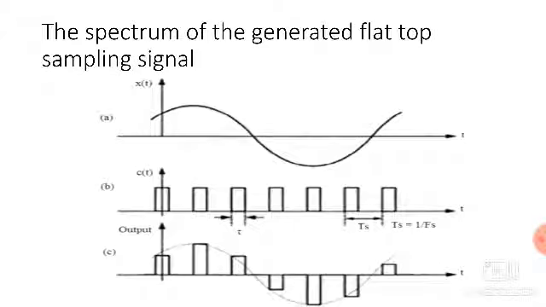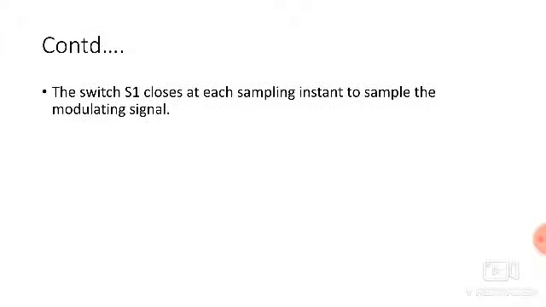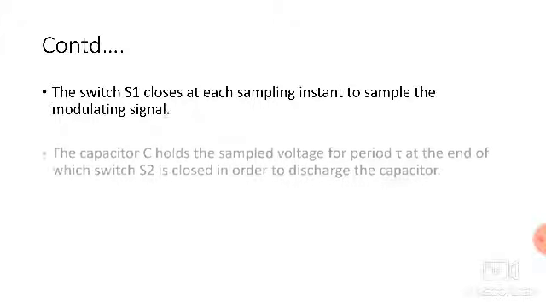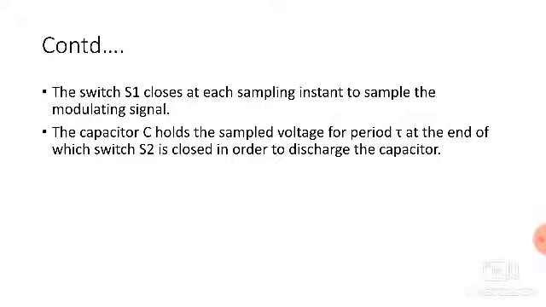The spectrum of the generated flat top signal is determined as follows. The continuous time signal x of t and the pulse c of t are multiplied, and finally the flat top sampled signal is the output. The switch S1 closes at each sampling instant of the modulating signal.